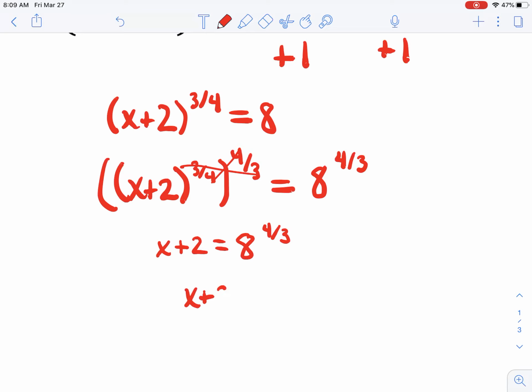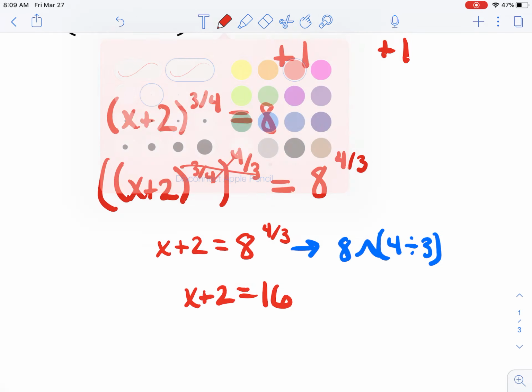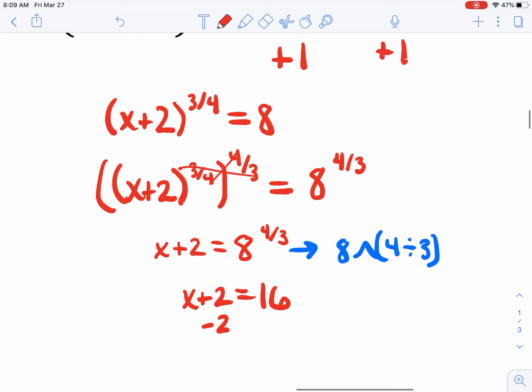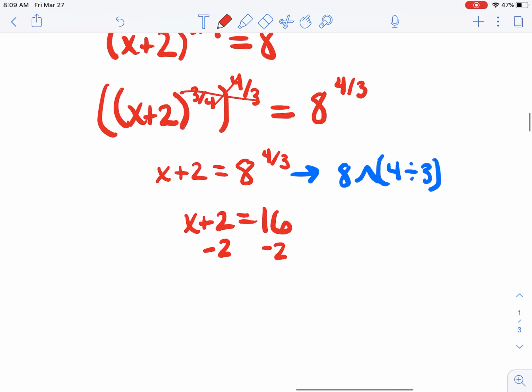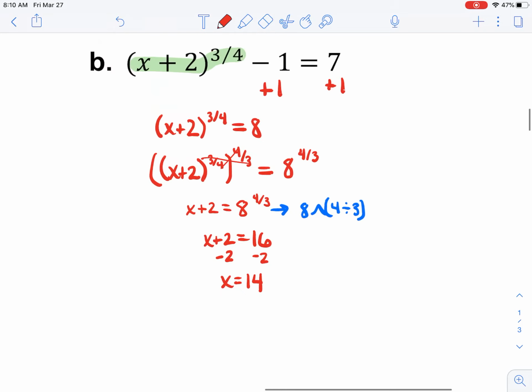So we have x plus 2 equals 16, and I will write this again as a reminder in your calculator. You can just type this as 8, that caret button, 4 divided by 3. I have that in parentheses. Then we're going to subtract 2 from both sides because I want just x by itself. So I get x equals 14.